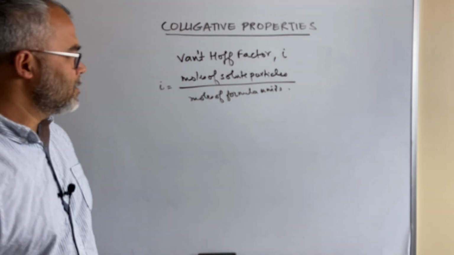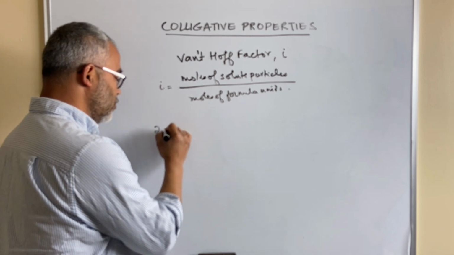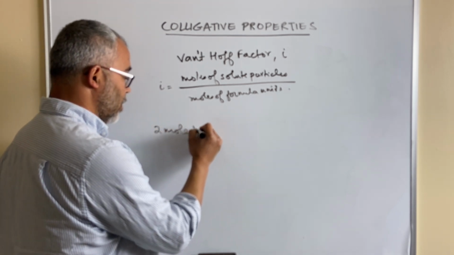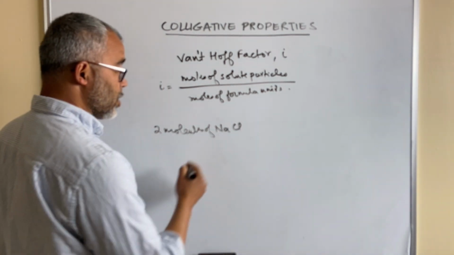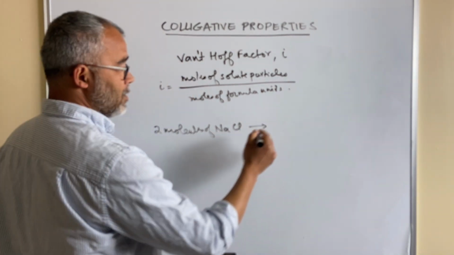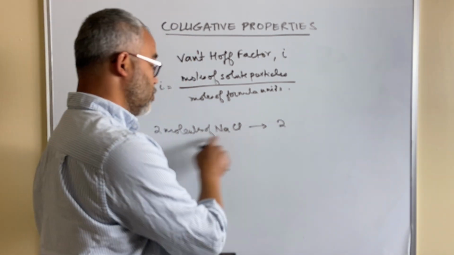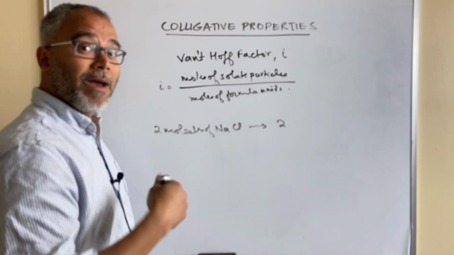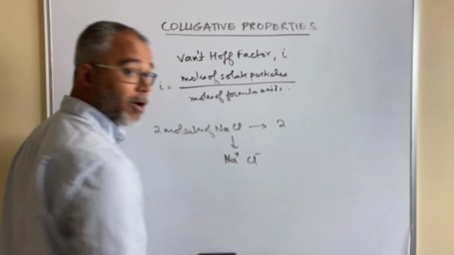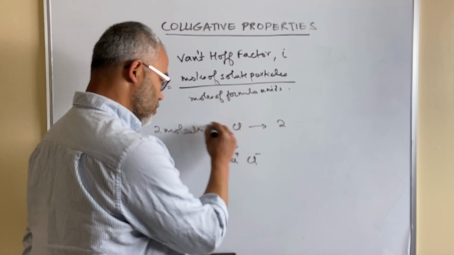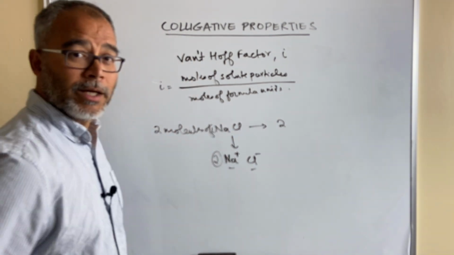So what this means is, if I take sodium chloride, for example, if I take 2 molecules of sodium chloride and I dissolve it in solution, the expectation is that the effect is going to be from those two molecules of sodium chloride. The reality is that this sodium chloride is composed of 2 ions. So the second you dissolve it in water, one sodium chloride splits into 2 entities, this one and this one.